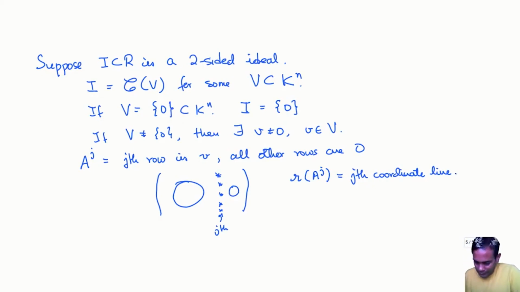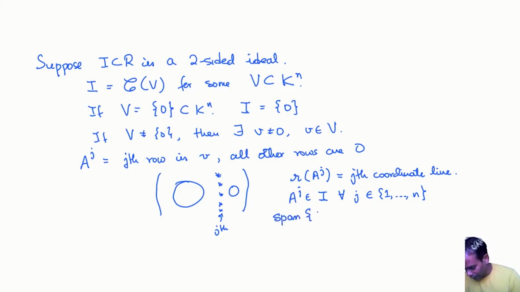So this means that, firstly, A_j belongs to I for all j between 1 and n, just because the column space of A_j is contained in the subspace V. But on the other hand, the span of A_j's ith rows, 1 less than or equal to i less than or equal to n, is all of K^n, because it contains each of the coordinate lines.